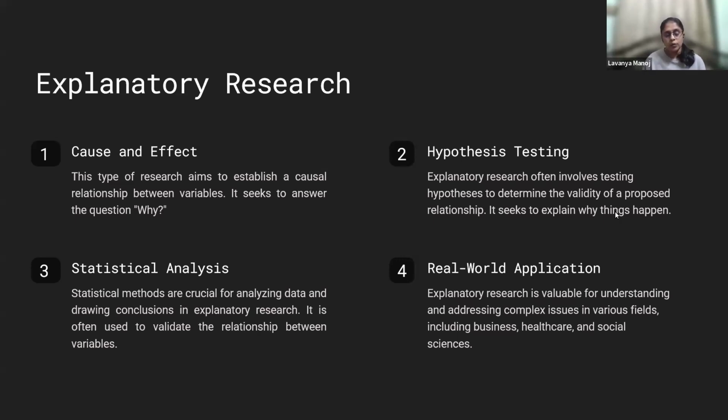Anything you can take, but you have to compare between these two variables. What induced the cause and what was the impact? Why has this impact happened and why has the other impact not happened? Is it necessary that if this is the cause, this is the impact that has to happen? Is there no other way? All these questions can be answered under explanatory research.